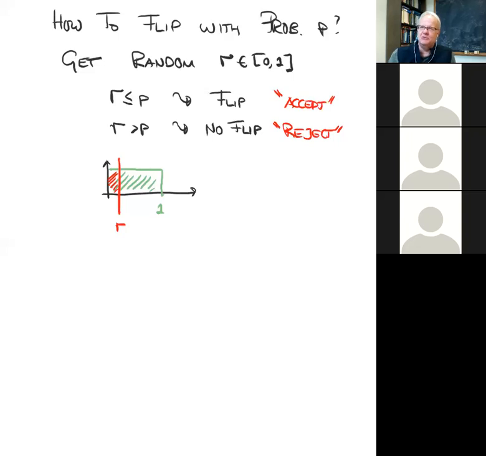They usually have a seed, and if you use the same seed, you always get the same sequence of random numbers. But if the numbers were truly random, then two incarnations of this Metropolis algorithm, step by step, are not the same. They will give you different configurations. The only thing we expect is that long-term averages are the same.